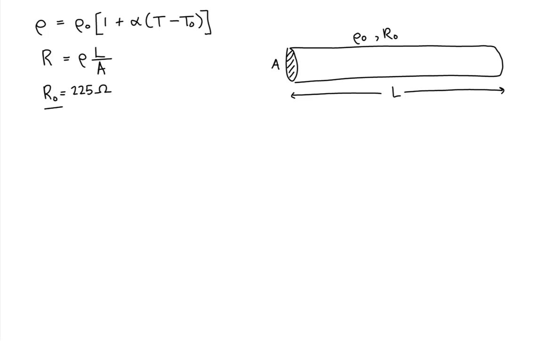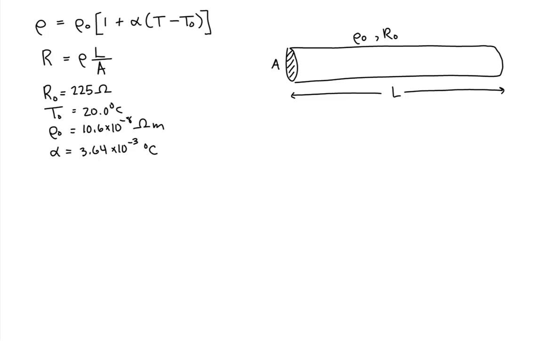The temperature is 20 degrees Celsius. And the resistivity at our reference temperature of 20 degrees Celsius is given as 10.6 times 10 to the minus 8 ohm meters. And we're also given the temperature coefficient of resistivity to be 3.64 times 10 to the minus 3 degrees Celsius.